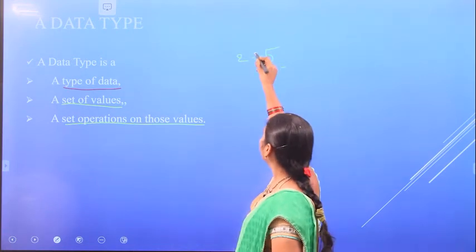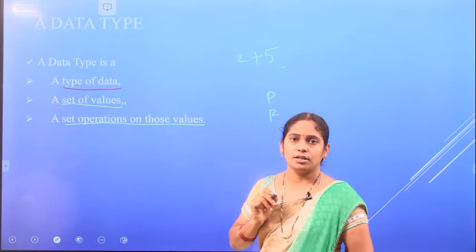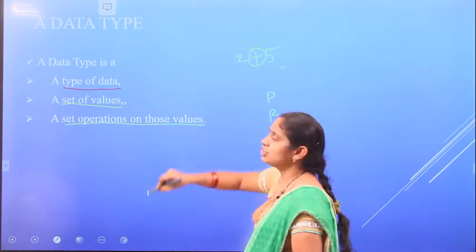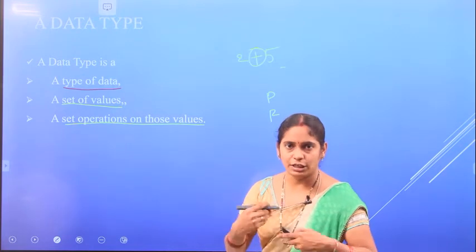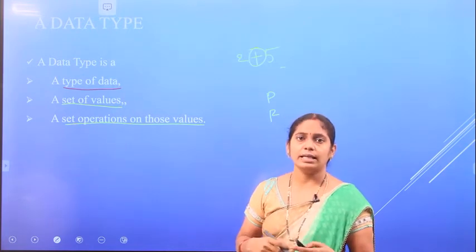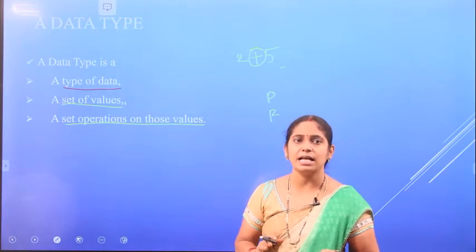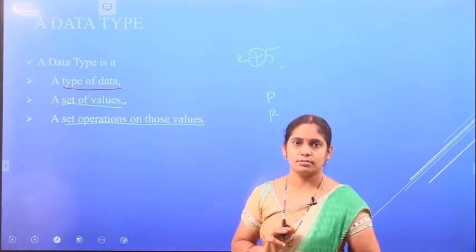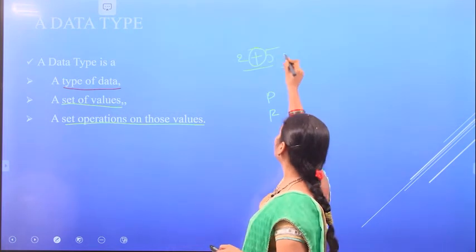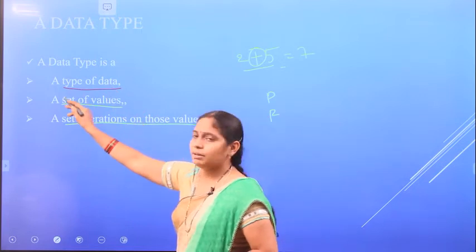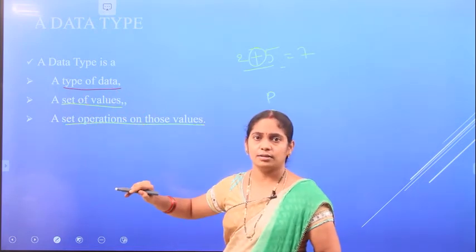We performed an addition operation. So 2 plus 5. So what is the operation we have here? Addition. So first we need to get the data, then apply a specific operation on those values, and then it will be displayed as a result to us. Clear? Nothing but 7.